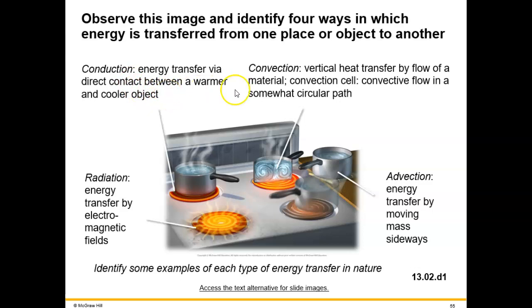Then again, you have convection, where you have heat transfer by flow, where the hot moves up, and slowly as it becomes cold, falls back down and becomes reheated, etc. And then, of course, radiation is the energy transfer of EMF, or electromagnetic fields.